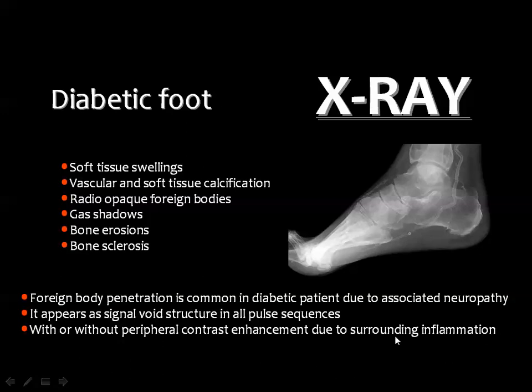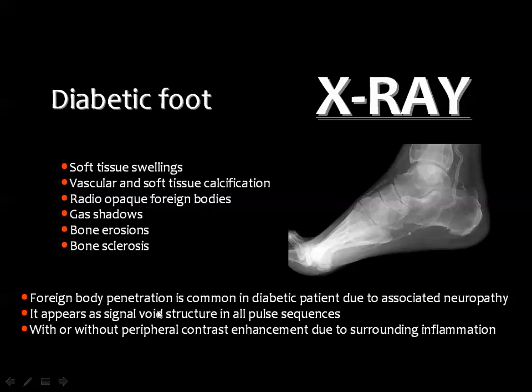The role of different imaging modalities in evaluation of diabetic foot. The X-rays can show soft tissue swelling due to inflammation, can show vascular and soft tissue calcification due to arteriosclerosis, and can show radio-opaque foreign bodies.